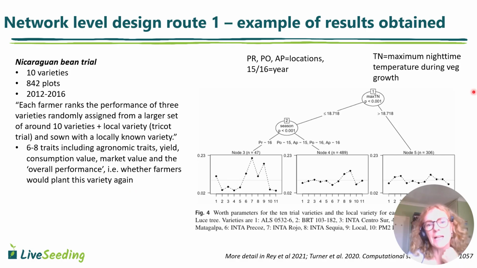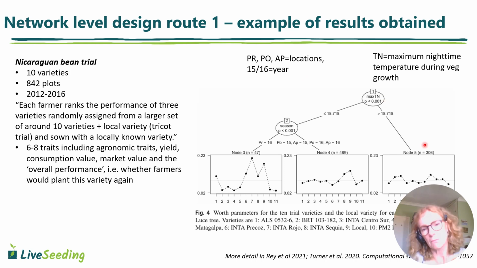They also included these environmental variables. So one of them was the maximum temperature overnight during vegetative growth, right? And then these are the actual physical locations, just codes for them, which are described in the caption, PR, PO, AP, they're different codes.